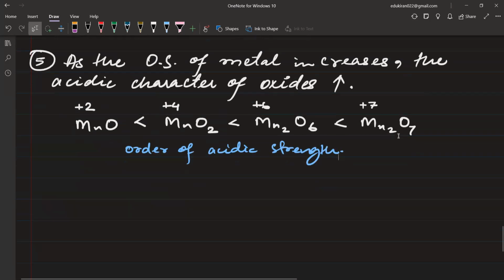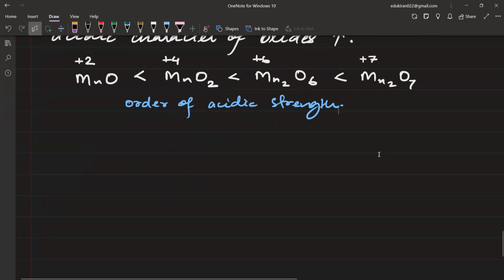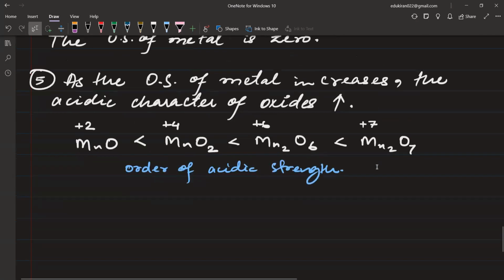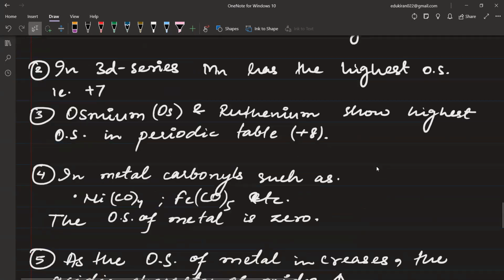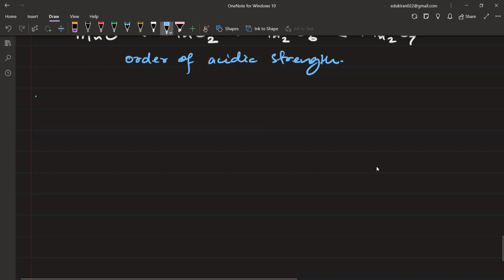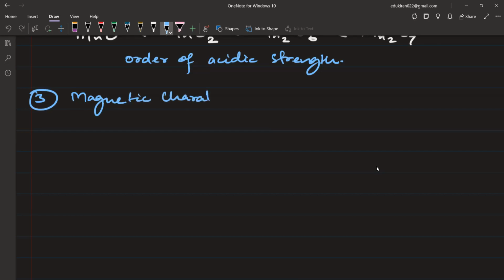Okay, this is about the oxidation state. The third, this was my second point. And third point, the third property, that is magnetic character. Now, why do they show magnetic character?